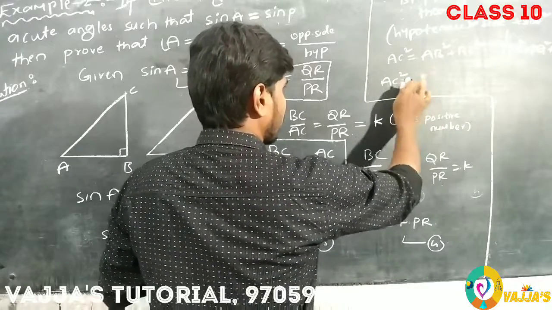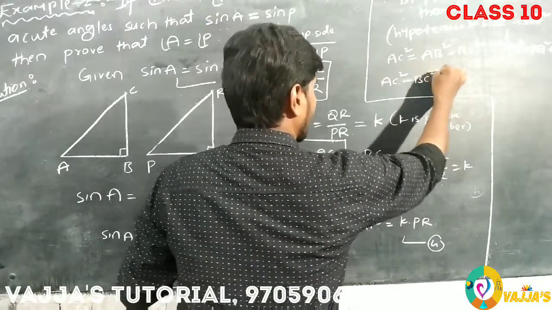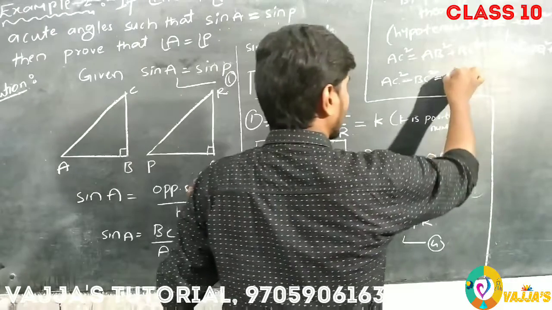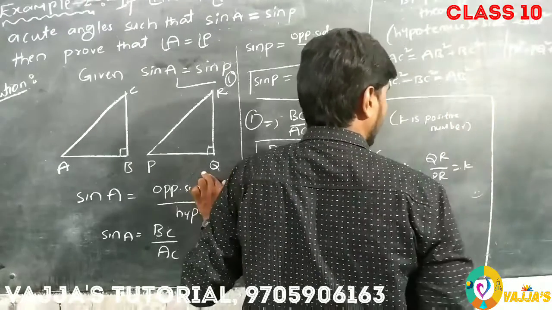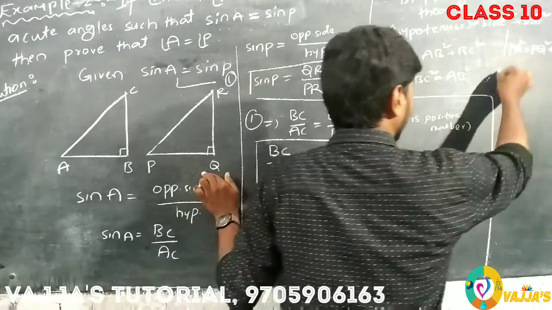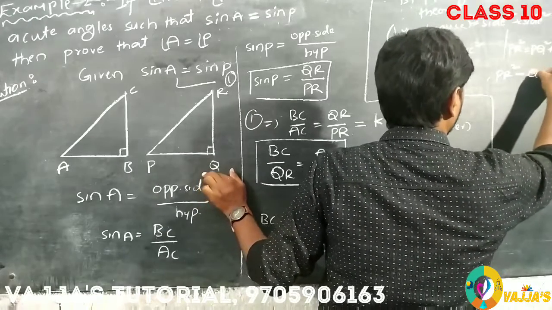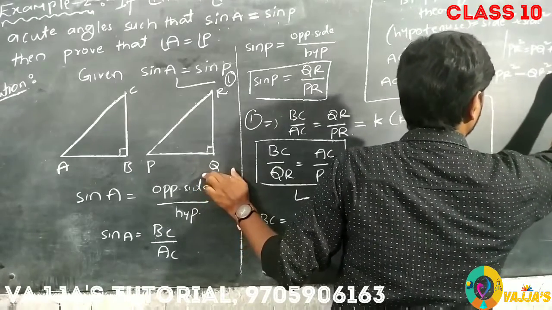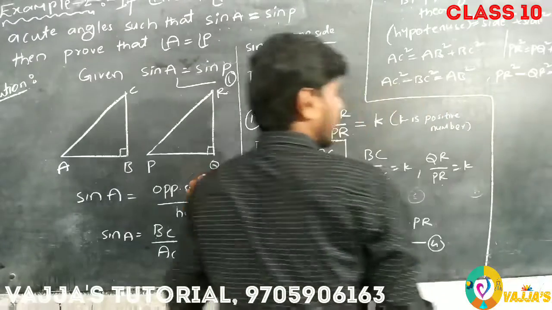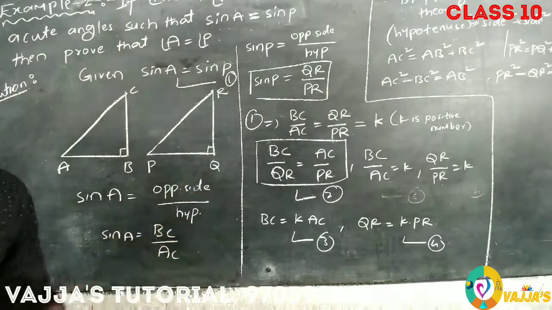AC square minus BC square is equal to AB square, and this we can write as PR square minus QR square equals PQ square.